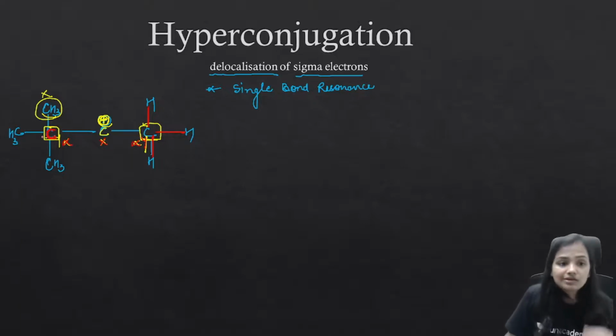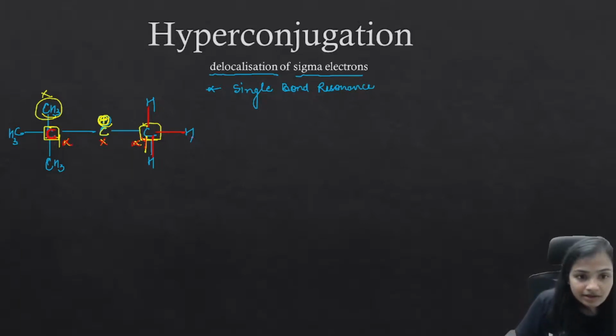Now let me tell you again. I am writing the structure again. This is CH3, this is a carbon with CH3, this is again CH3, this is a carbon with positive charge, and this is a carbon with 3 hydrogens.